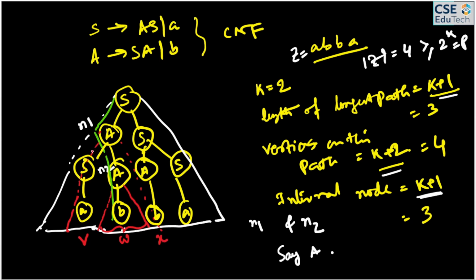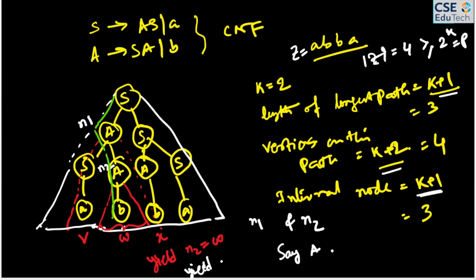So now I write here again: the yield of the tree rooted at n2 is w, and the yield rooted at n1 is v w x.